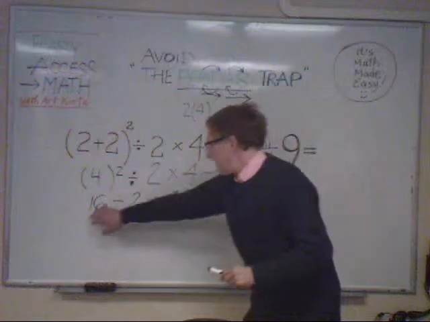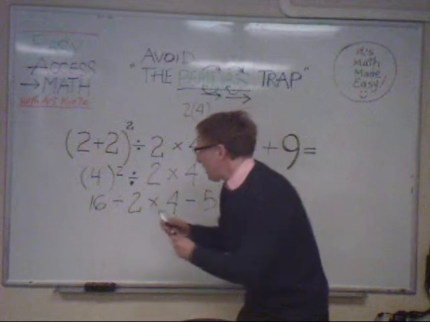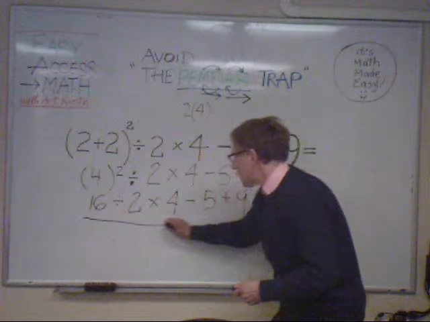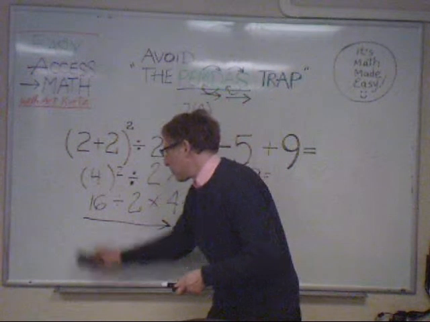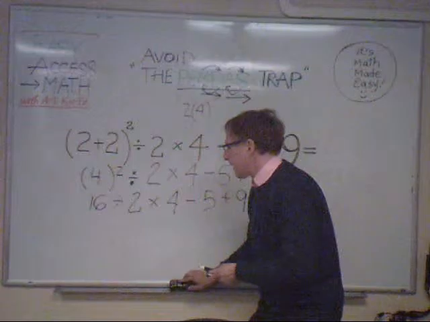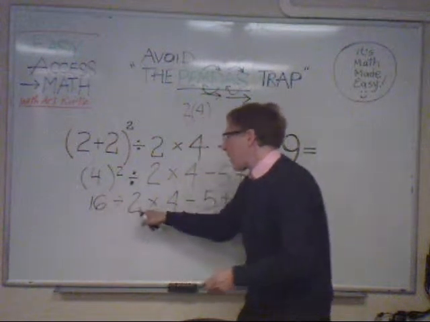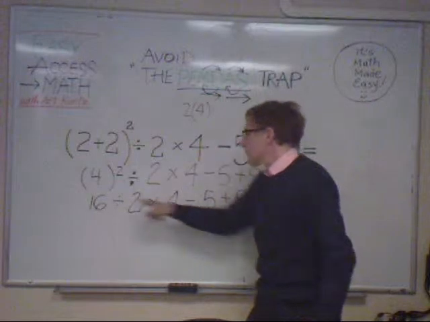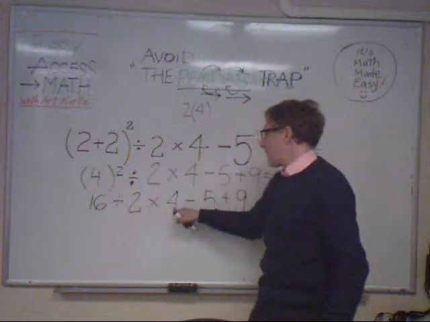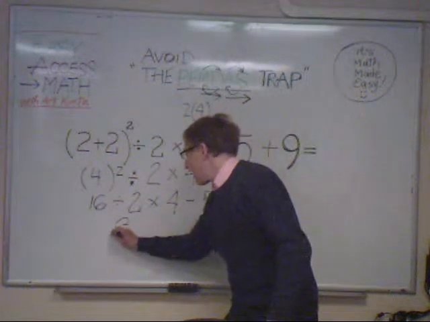But when they're together like this, you go from left to right. It's always a good practice going from left to right with your multiplication and division. So I'm going to do that. It's 16 divided by 2 first, then times 4. So 16 divided by 2 is 8, times 4 gives me 32.